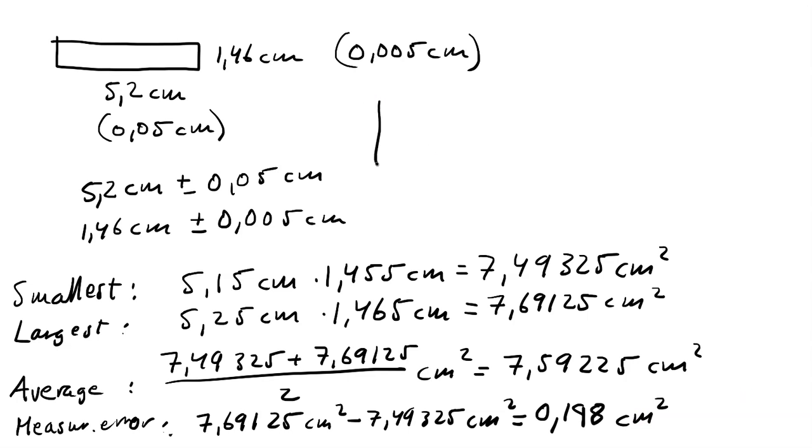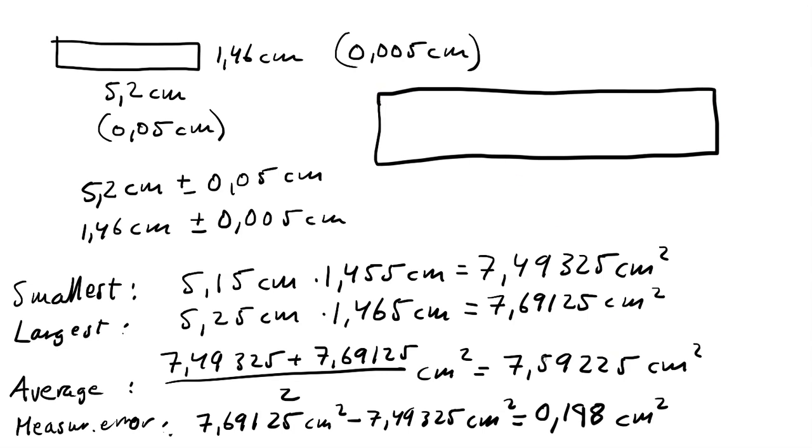Okay, so now we want to give the answer. So this here is our average estimation of the area. And then we have plus minus, but not plus minus the whole of this. So we take half of this, then we have 0.99.